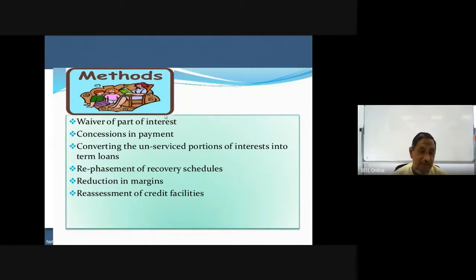If the customer is ready to restructure his working capital cycle or cash cycle. If not, the customer has to infuse his own capital. If he has no capital, he may go into default.